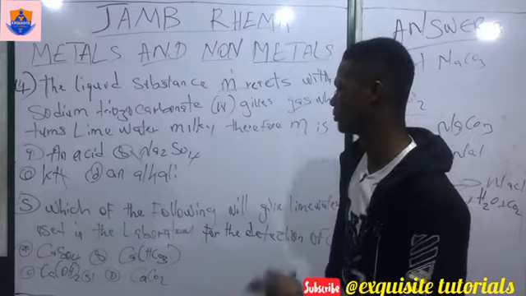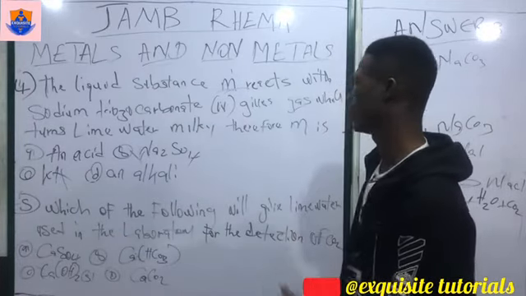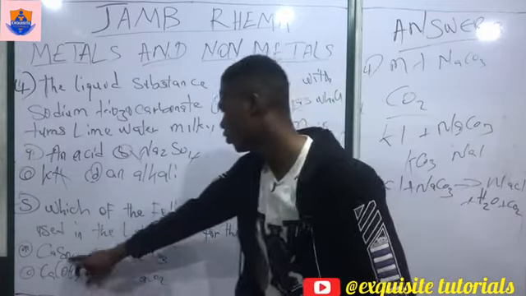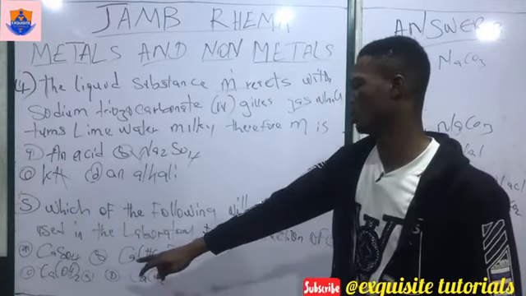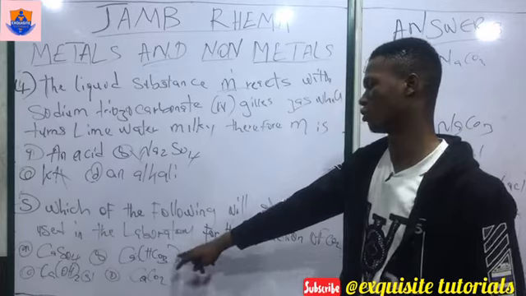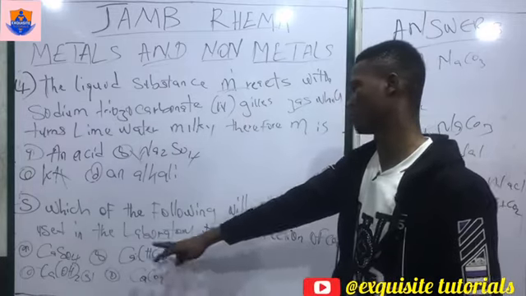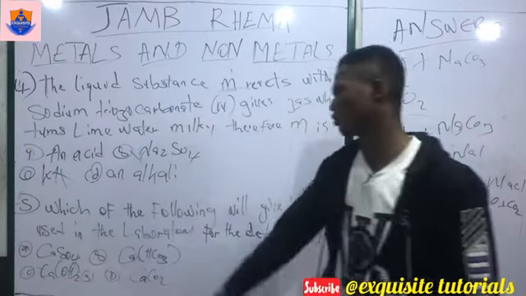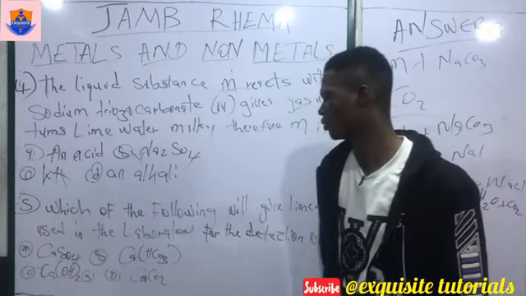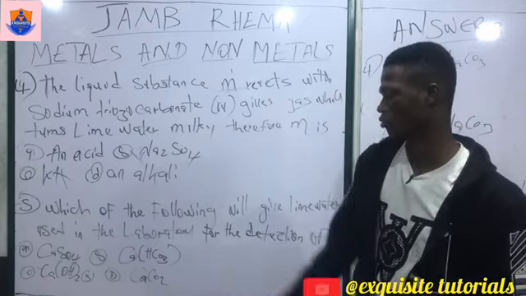Okay, now let's proceed. Here we have CaSO4, we have CaHC, calcium hydrogen tetraoxosulfate 4. We have calcium hydroxide, and we have calcium trioxocarbonate 4.